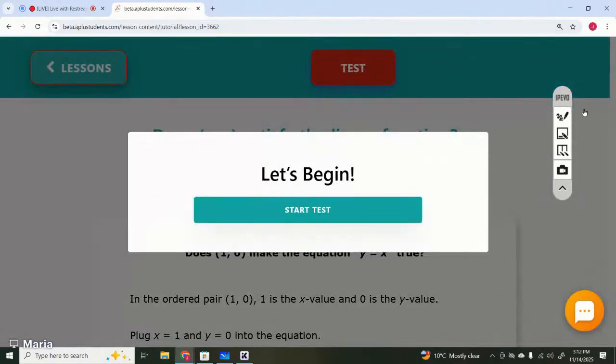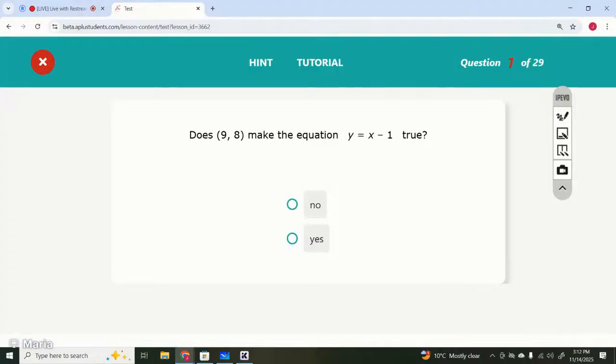Let's just start with the test questions. Does (9, 8) make the equation true?